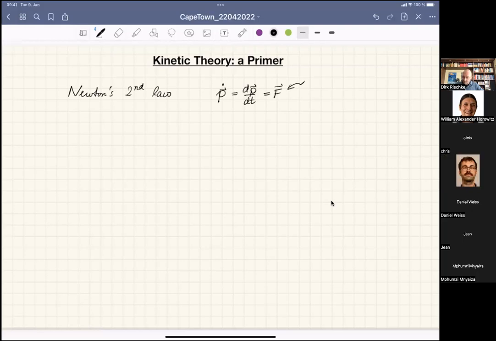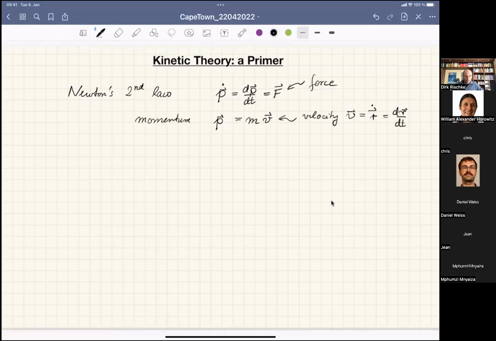So that's the force, and P, of course, is the momentum, which, since we are all non-relativistic here, we write as mass times velocity. The velocity, of course, is the time derivative of the position of the particle, r dot, dr/dt.